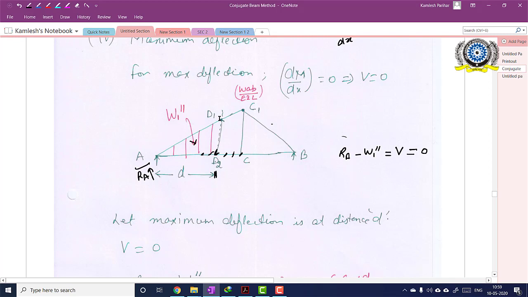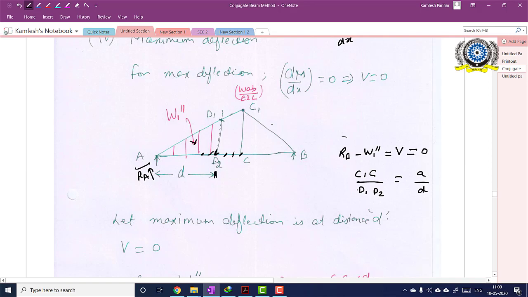Now you also need to know d1 d2 in this. So what is this d1 d2? Again, from similar triangles we can find out that C1C upon d1 d2 is A upon d.